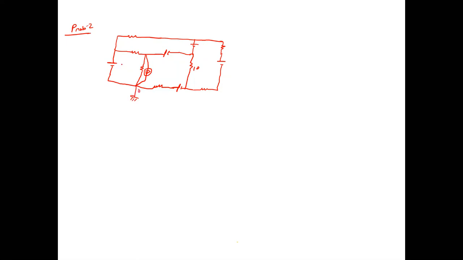So now just give the 10, this one current. This current is 3 ampere, this is the 20 volt, this is the 10, this is the 100 volt.